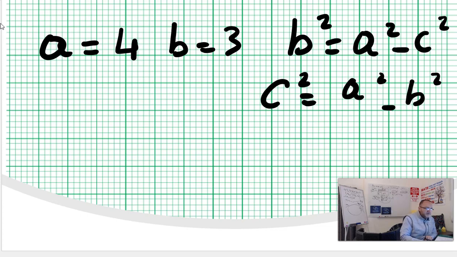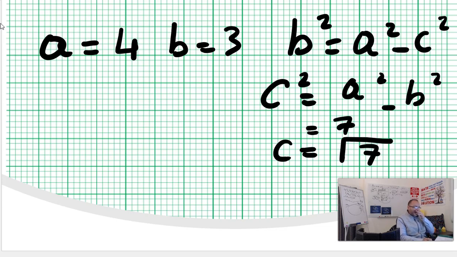So it equals 16 minus 9 equals 7. And then c equals square root of 7. Now, this is stretched horizontally, because the big quantity is under the x squared, so it stretches in the horizontal direction.